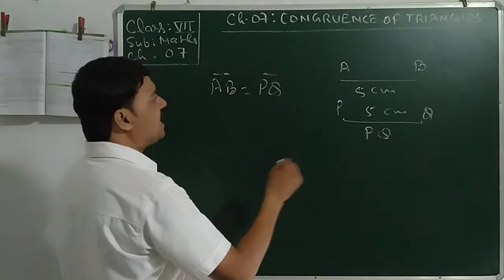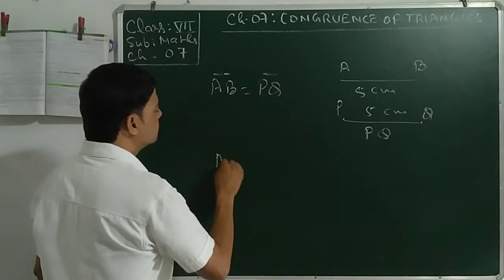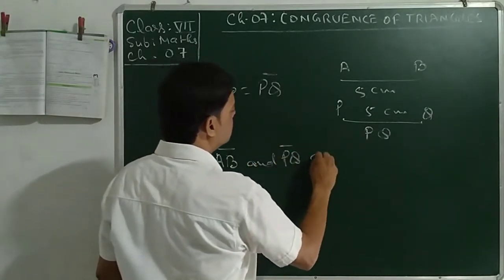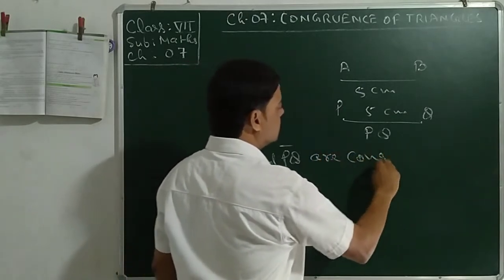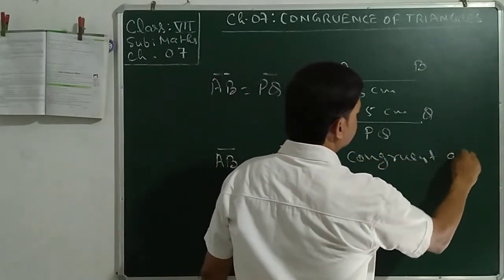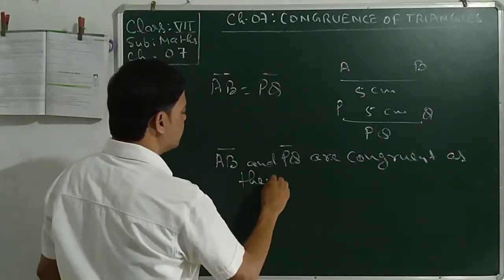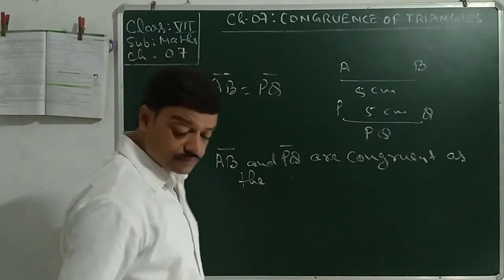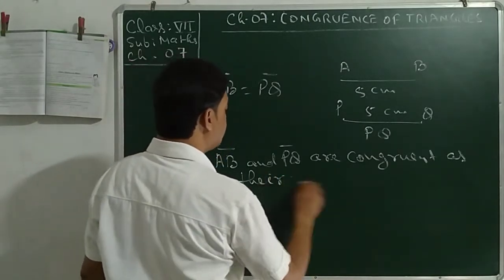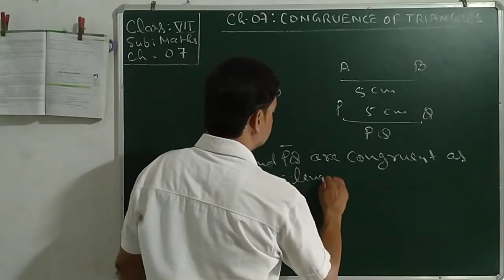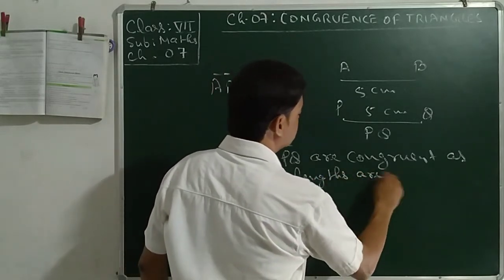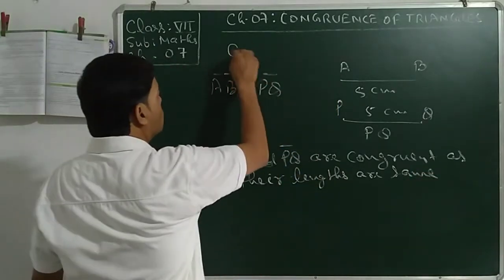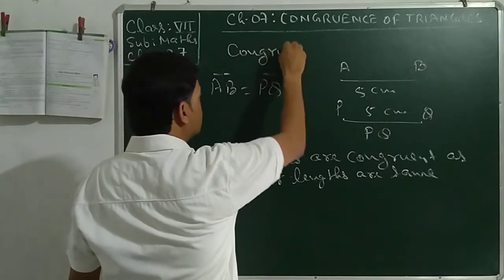We can say line segments AB and PQ are congruent as their lengths are the same.